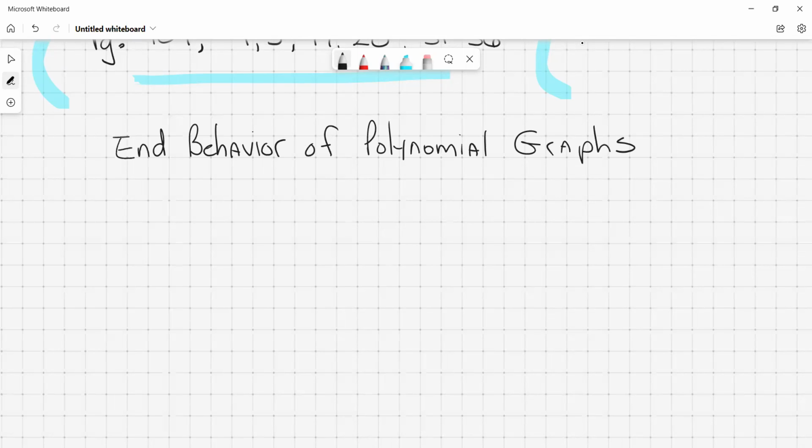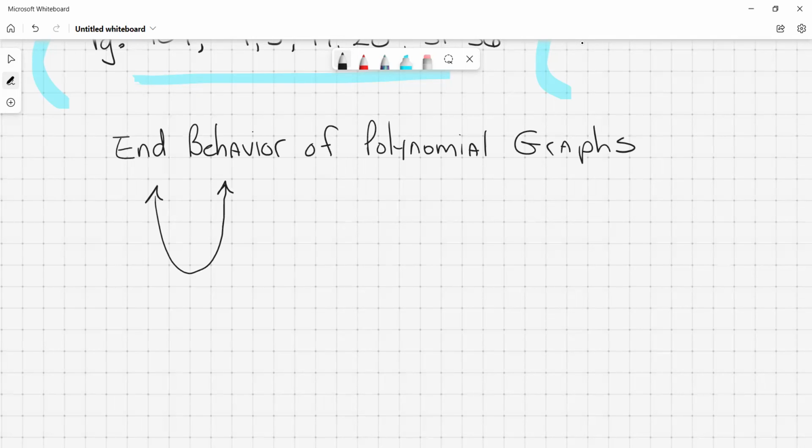And there's going to be 4 types of end behavior. All right. So when you're talking about these polynomial graphs, you could have a graph that looks like a parabola. All right.